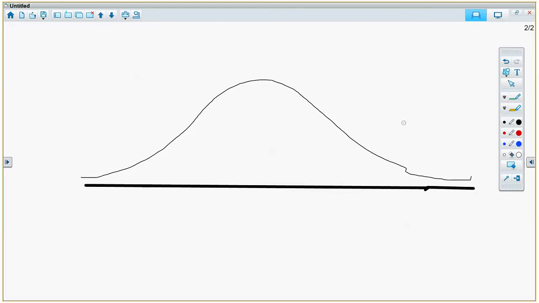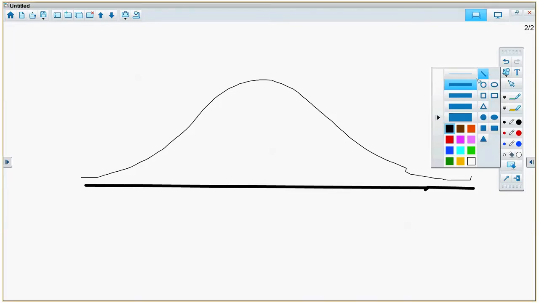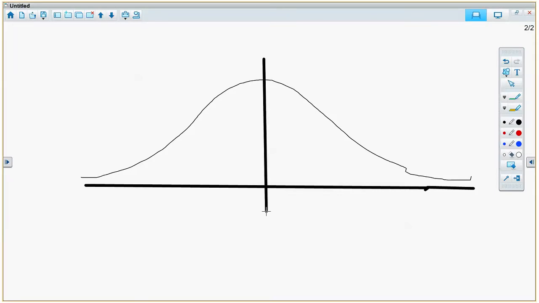The mean represents the what? The middle, central tendency, center. Sometimes it's not the center, but there's the mean. And then, of course, you put your standard deviations here and here.